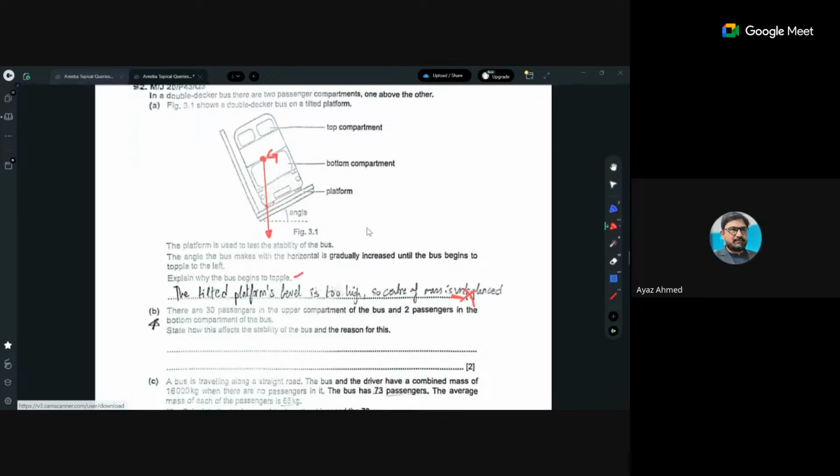I write here that the line of weight force is almost out of the base area of the lorry, that is why. Actually the whole science of this, children, is this.